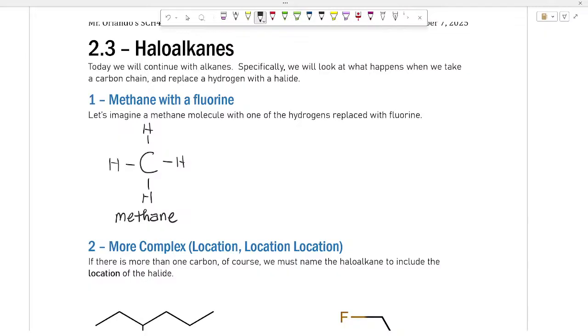What's the hybridization state of the carbon in this? sp3, right? Which means the shape of this will be what? Tetrahedral. And the bond angles are? And this thing must be completely nonpolar, right?